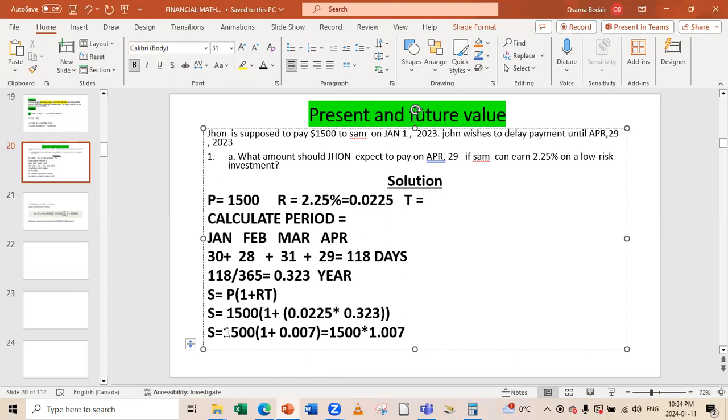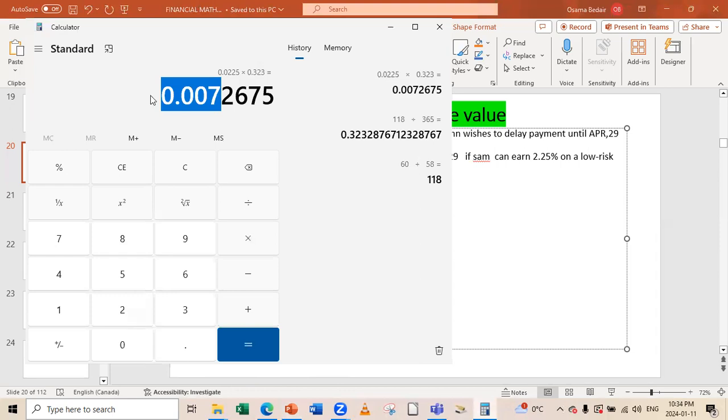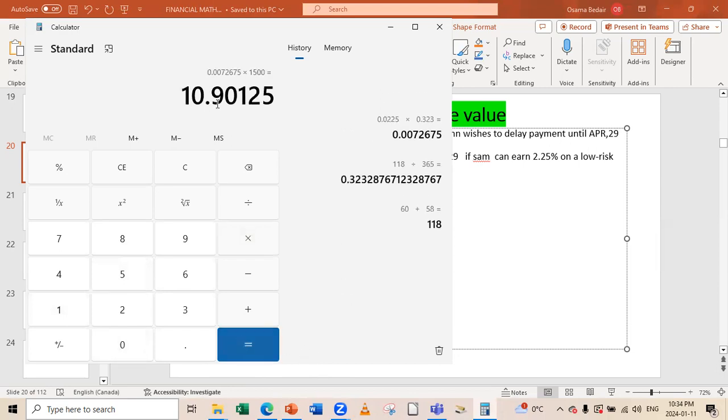Multiplied by 1.007. So I will take this 1,500, and this will be multiplied by 1,500. That will give me this number. Just to double check, slow down when we do it.